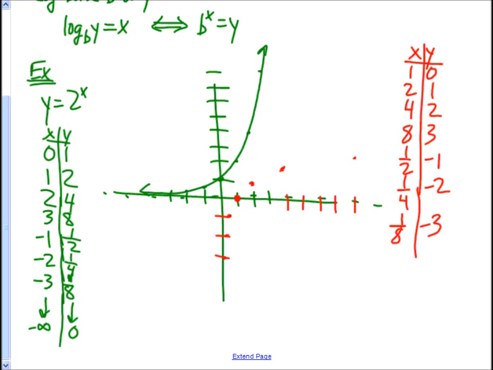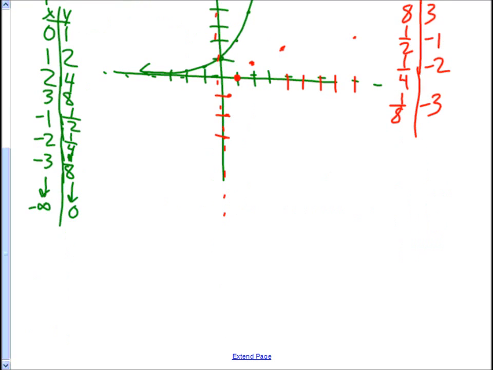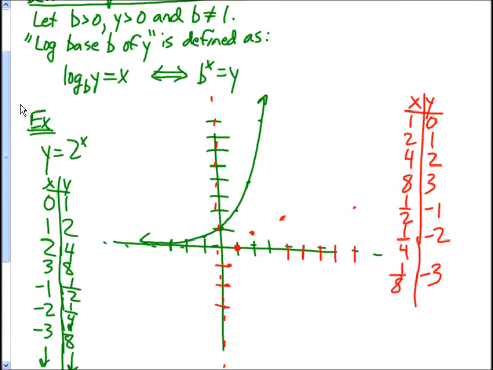And that horizontal asymptote at y equals 0 now becomes a vertical asymptote at x equals 0. And here's your logarithm. That's the inverse of 2 to the x. We have this inverse, log base 2 of x.